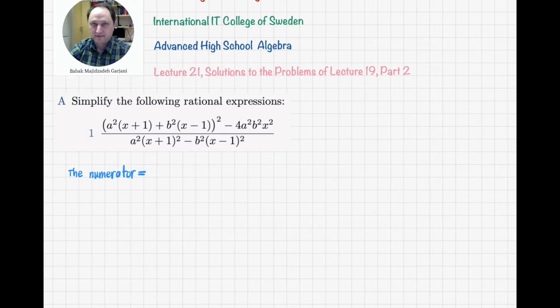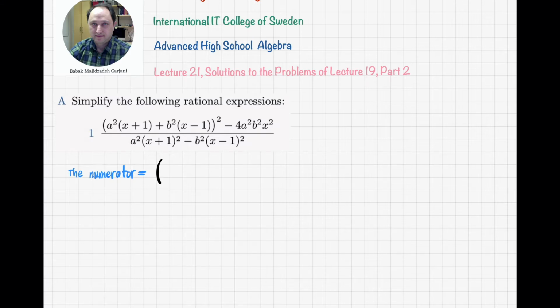Here, this is a complete square because this expression is raised to power 2, and clearly this is also a complete square, it's 2bx to power 2. So for the numerator I can use the conjugate pattern to factorize this expression.